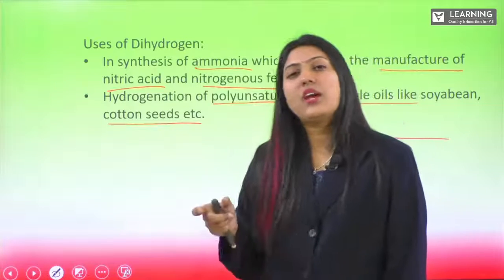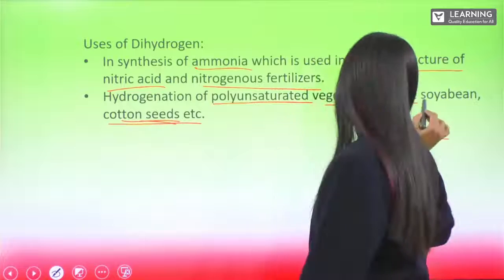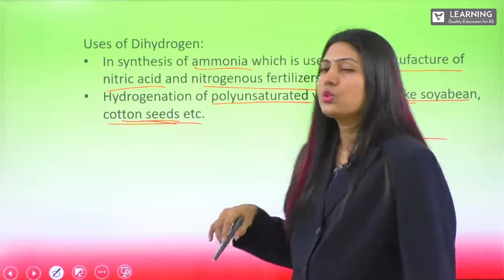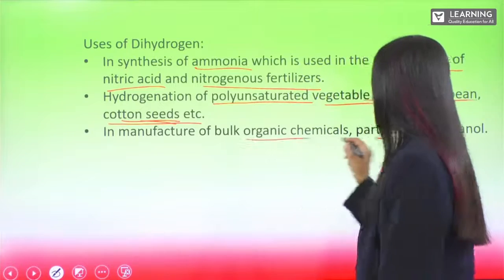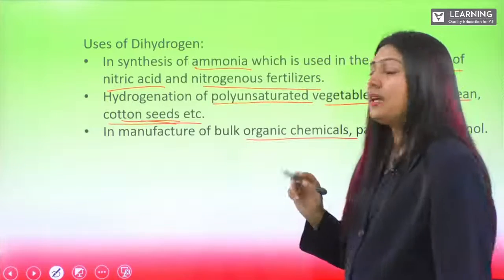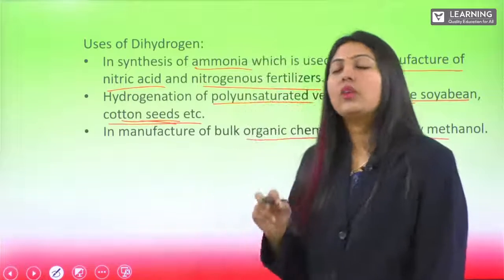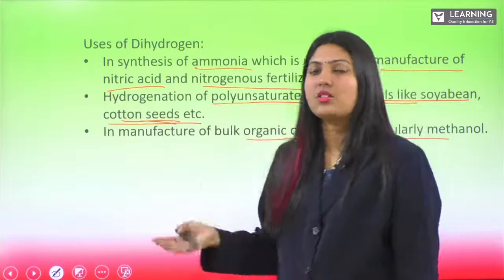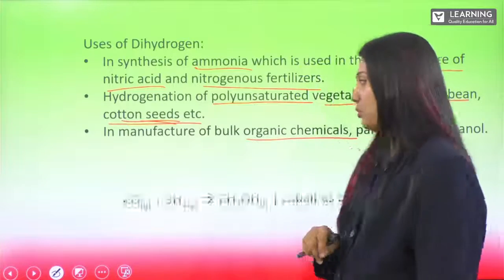Which are the oils we are using? We can give the example of coconut seed oil, whereas we can also use soybean oil. In the manufacture of bulk organic chemicals, particularly what is this? Methanol. Methanol is very much important, students, for the industries. For preparation of methanol, we require this hydrogen.